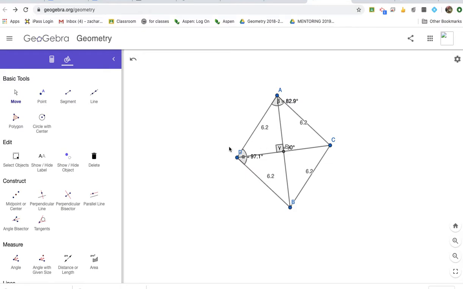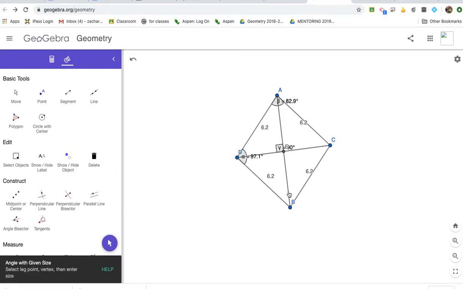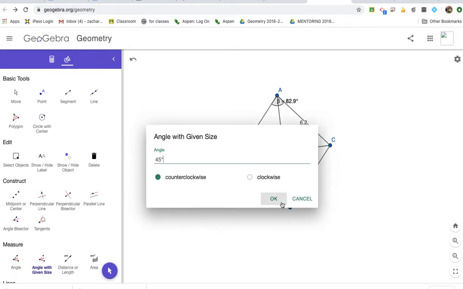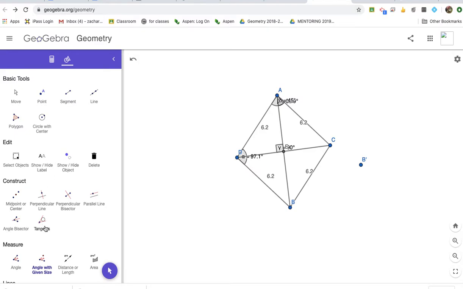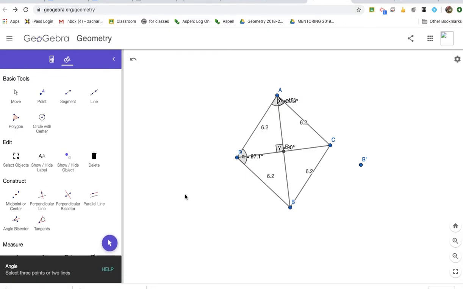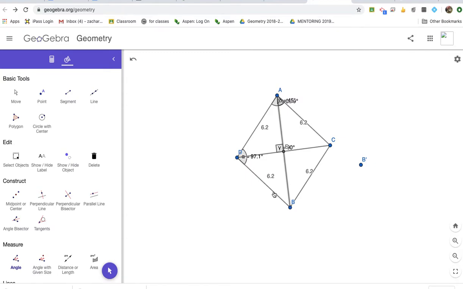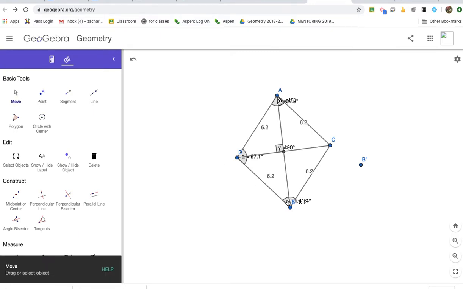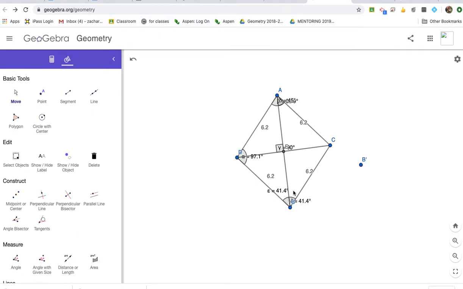The other important thing is that if we measure the angles right here, this angle and this angle, we can see that they're both 41.4.